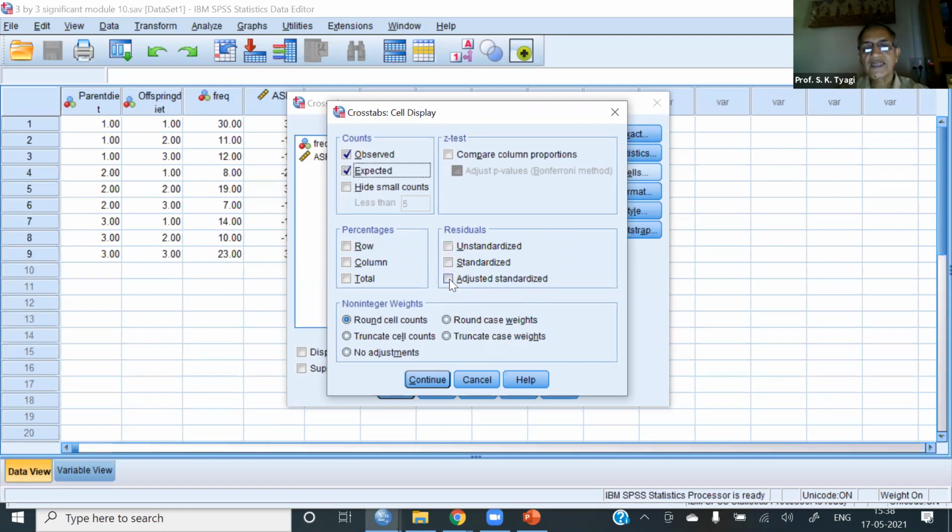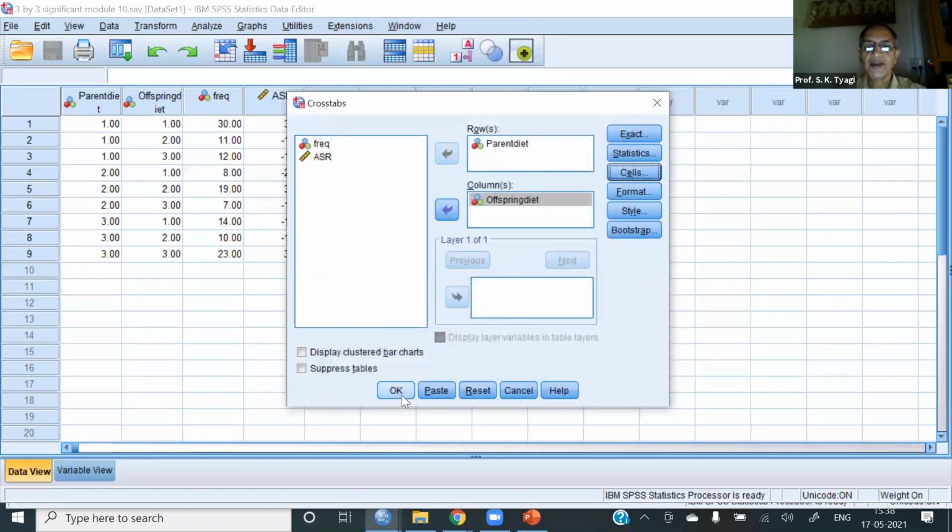And this is adjusted standardized residual: unstandardized, standardized, adjusted standardized. But mind it, we get it only in cross tabulation, not in one way. In one way, we had to calculate manually. But in cross tabulation, we have this facility, the adjusted standardized residual. SPSS will compute this for you. So we continue and click OK.